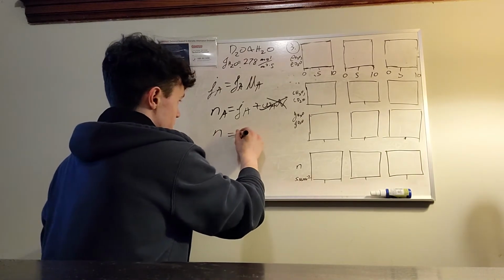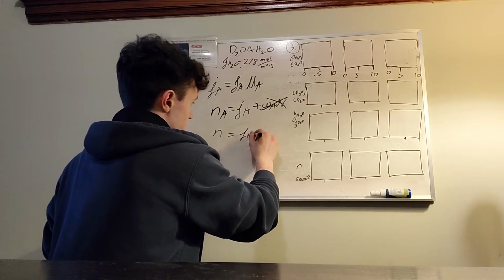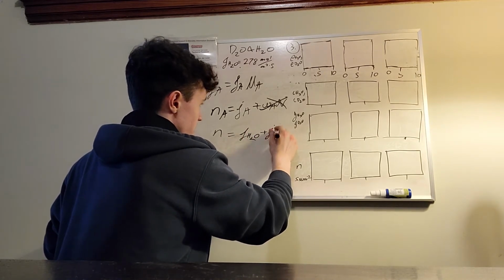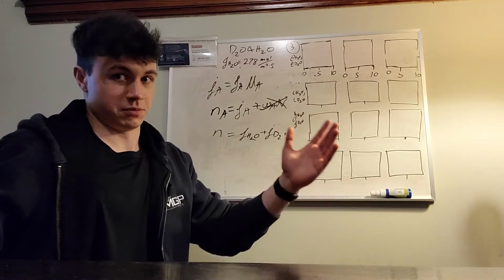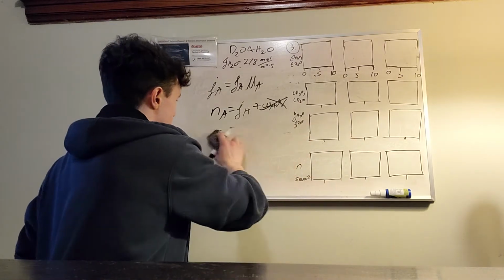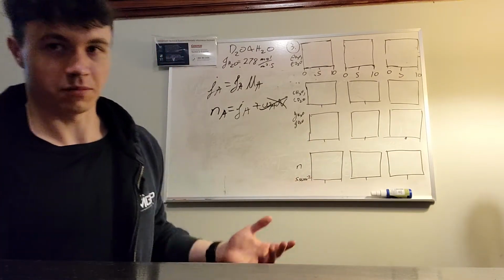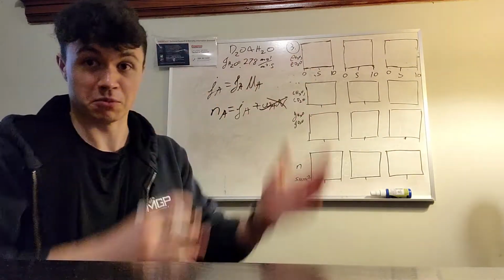The total mass flux is just the mass diffusion flux of water plus the mass diffusion flux of the deuterated water, which is perfect. And all we have to do is just plug the numbers in and we're good.